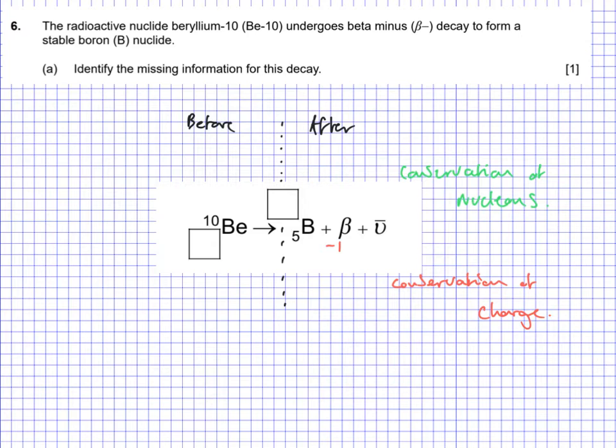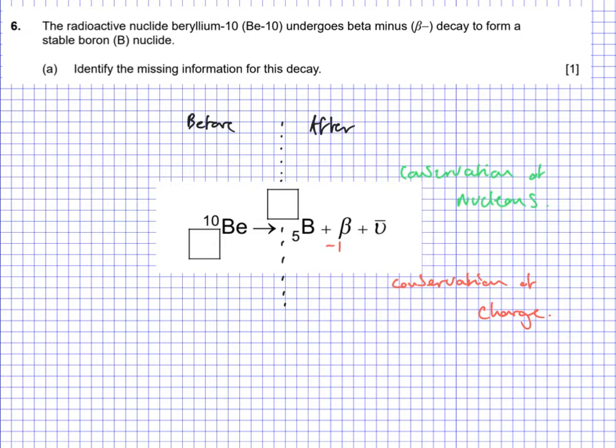To begin with, there's 10. It's beryllium-10, that means there's 10 neutrons and protons together. As we move through, the beta minus obviously has no nucleonic number. There's no protons and neutrons associated with the beta particle, and the same goes for the anti-neutrino.